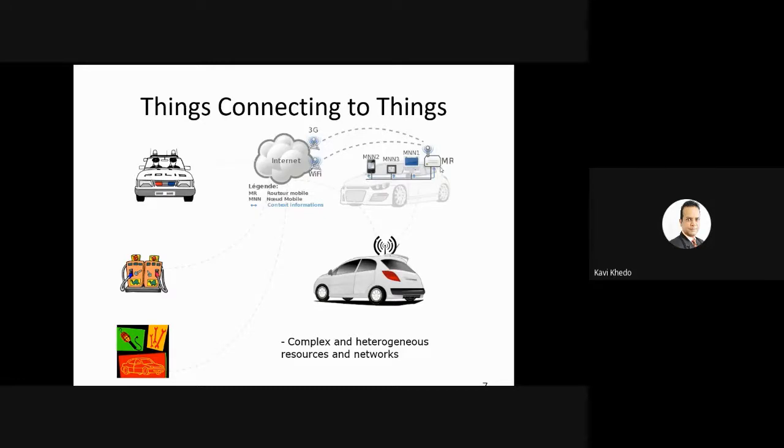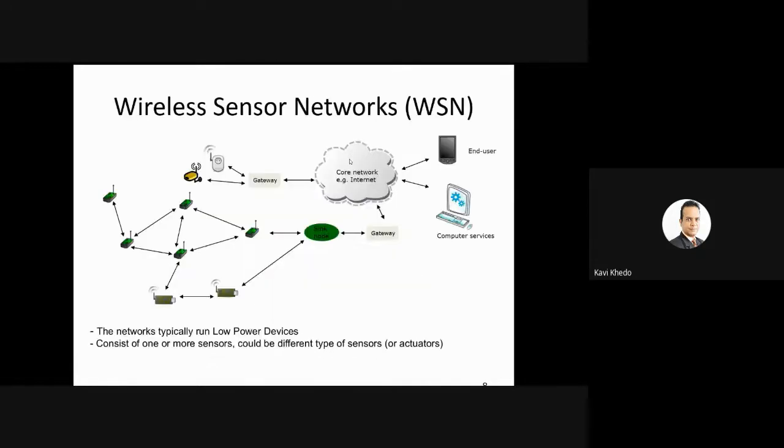Your car is connected to some network for music and it is downloading specific music for you. This is machine-to-machine connection, and it is increasingly becoming popular. So this is called things connecting to things.